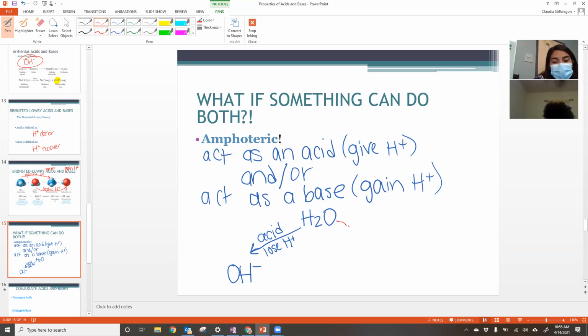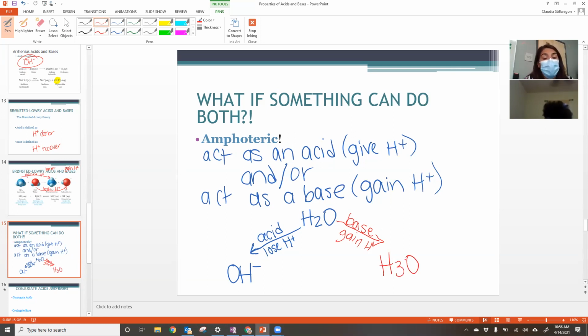And when H2O acts as a base, we know that means it's going to gain hydrogen. And this forms a really important thing called H3O, which you're going to see a lot of, like I mentioned. So H2O became H3O.